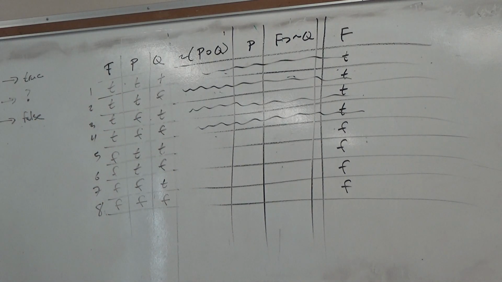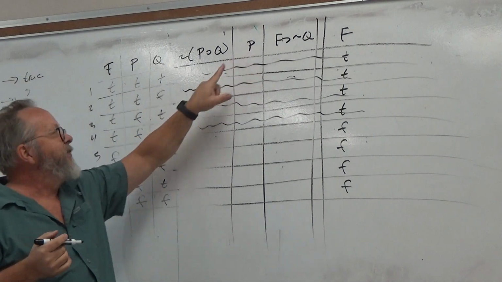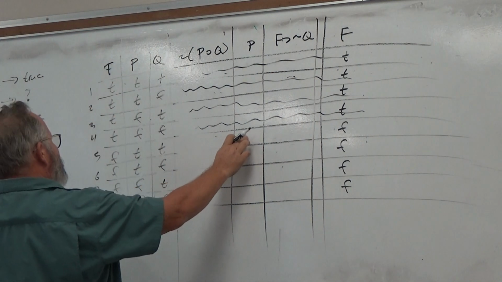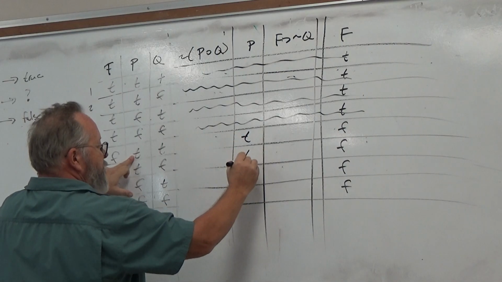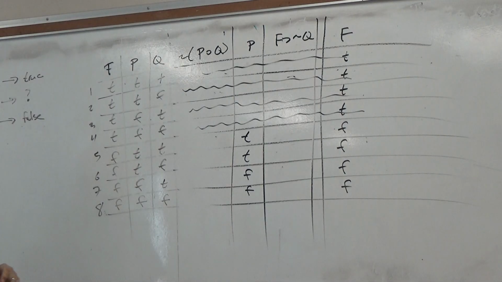Now, if we're really lazy and smart about our laziness, the next thing we're going to calculate is this one, because all you have to do is rewrite the P column, okay? So P right here on line 5 is true, true, false, false, okay? We can eliminate some more lines.